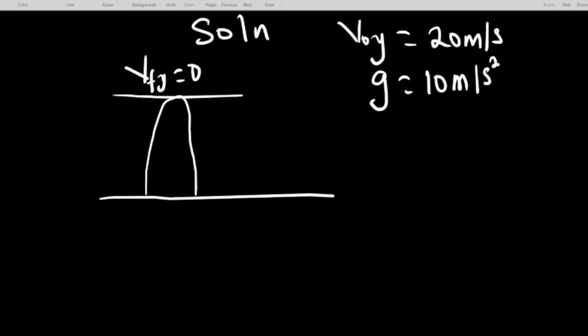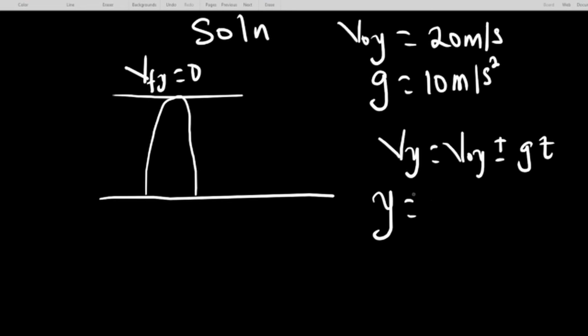So don't forget that. Here we have three equations. The first one is Vy equals V naught y plus or minus gt. This is the first equation of motion. The second one is y equals V naught y t plus or minus half g t squared.